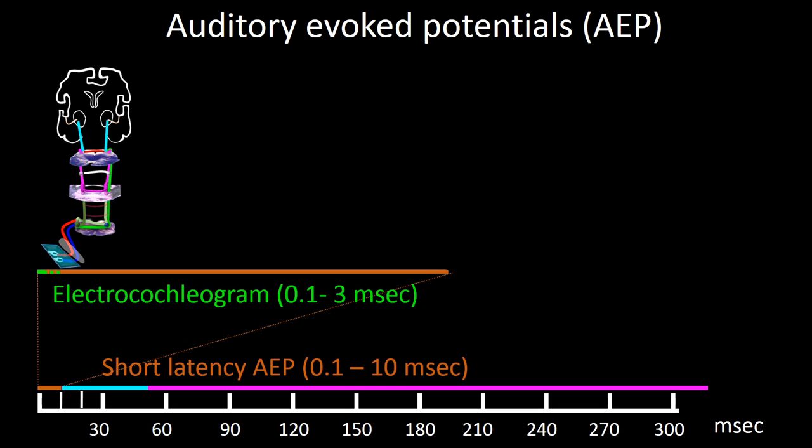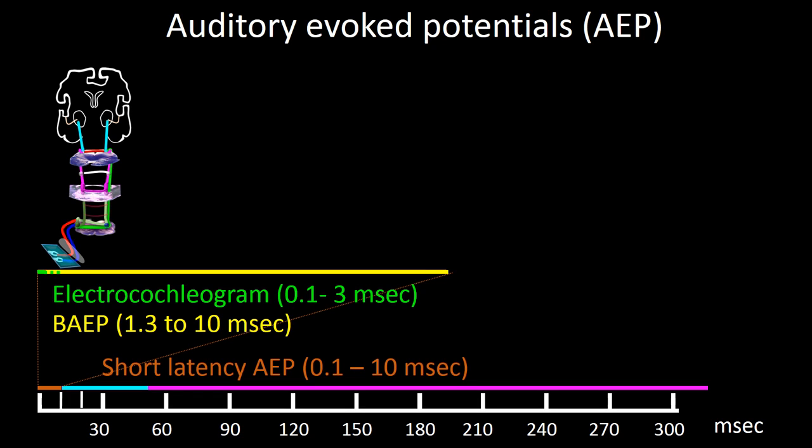These waves are created by the reaction of hair cells in the organ of Corti and the action potential volley most distal to the region of the cranial nerve 8. And a second type of potential is brainstem auditory evoked potentials.